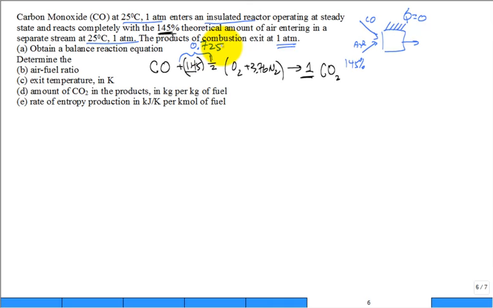Because we're only burning 100% of the stoichiometric, but we were fed 145%, we have 45% left over of the oxygen. So when we rebalance our oxygen, we're going to have 0.45 times 1/2 O2. Or if you want, you can put this coefficient on the O2 to be 0.225.